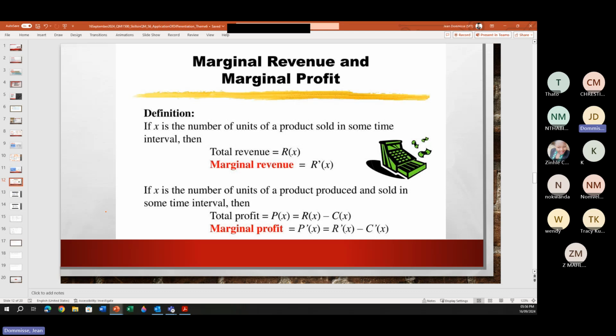Most of it is non-theory, but if they have it in the exam, here is a definition again of how to work out marginal revenue, which is basically the first derivative of total revenue, and how to work out marginal profit, which is again the first derivative of your total profit. Okay, so I just thought let me include it for you guys so that you have it.